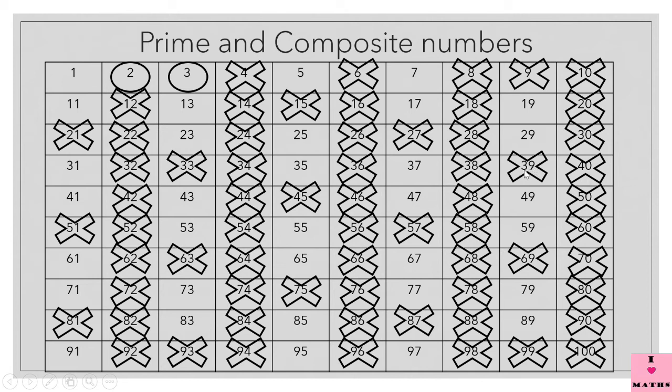Every third number has been crossed because every third number will come in the table of 3. Okay, now the next step.